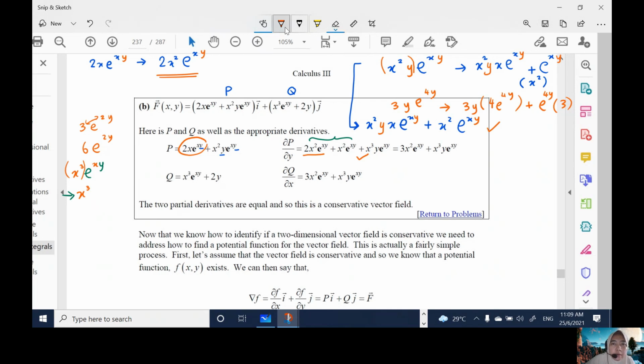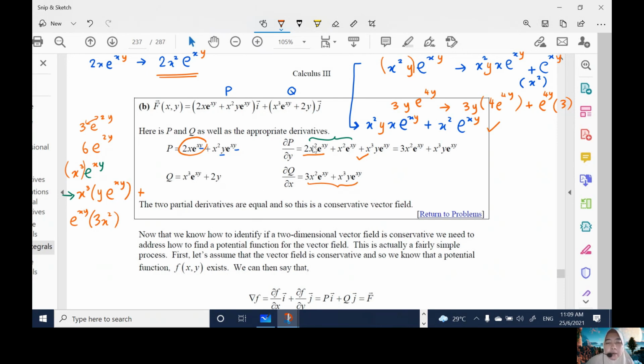The constant is y. So we have y e^(xy). Okay, plus take the second part. Take everything in the second part, and then we differentiate the first part. Differentiating x cube will be 3x squared. So you can see when you combine, there's nothing that we can simplify. That part remains.